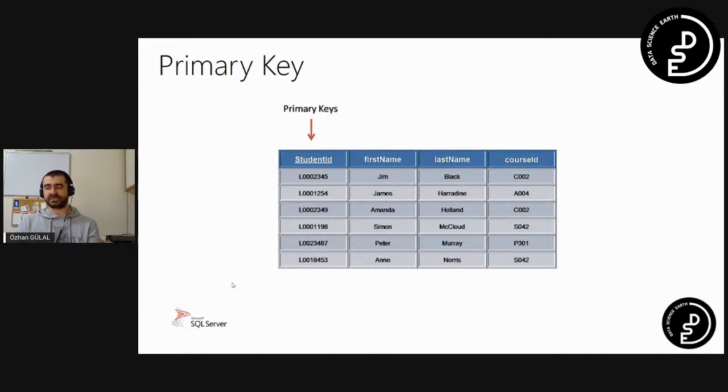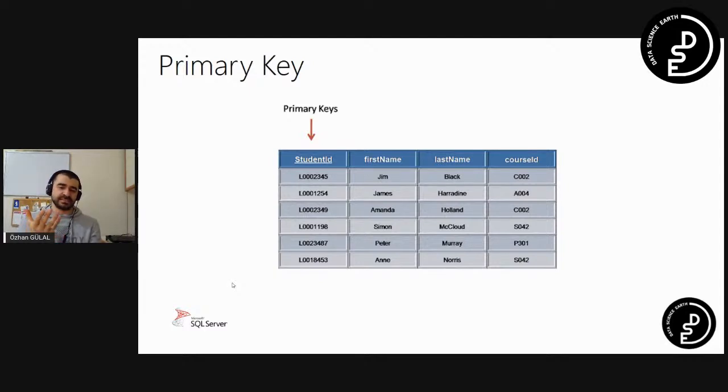And if you check the other ID values, you cannot see the same ID values again. Especially this student ID represents first name, last name, and course ID.